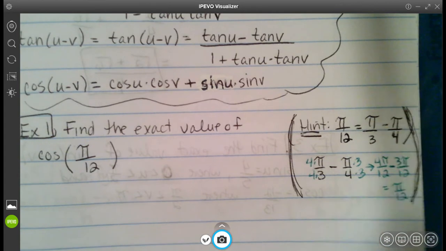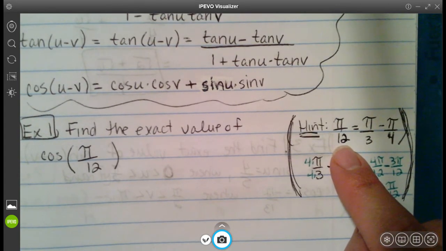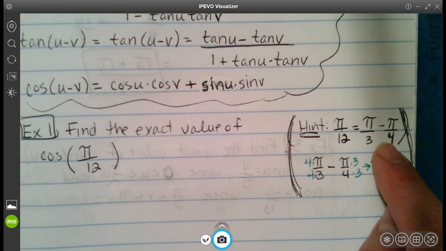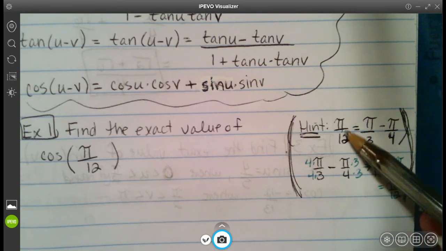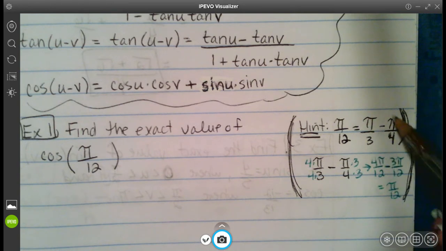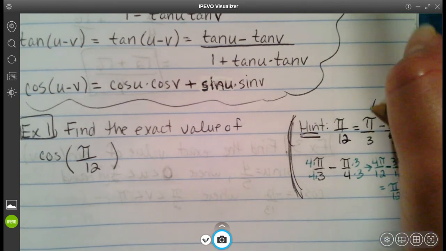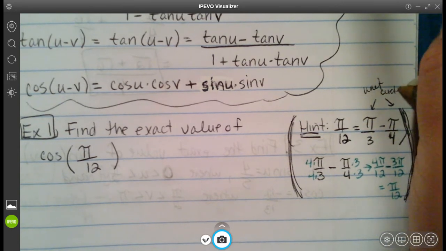I know from past knowledge that 12 is a combination of 3 times 4. And I know that if I subtract them somehow, if I do 4 pi minus 3 pi, I would get that pi that I want. So I said, let me try to break this down into a pi over 3 and a pi over 4. Why am I choosing these? Because I know that both of these are part of the unit circle.